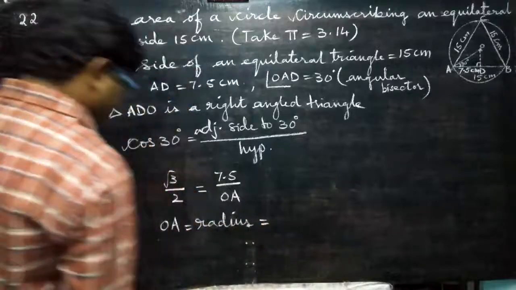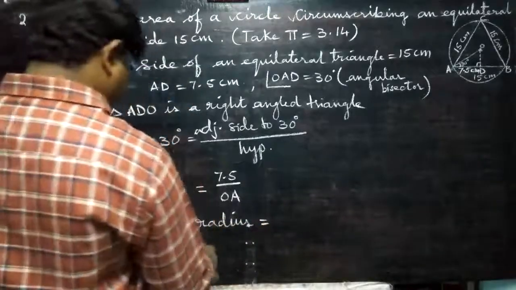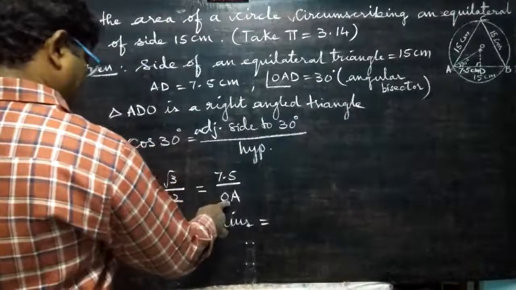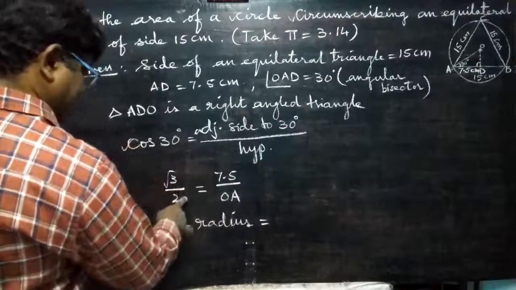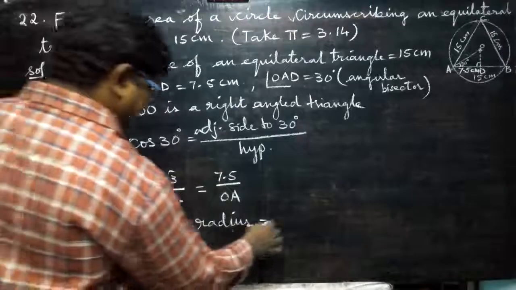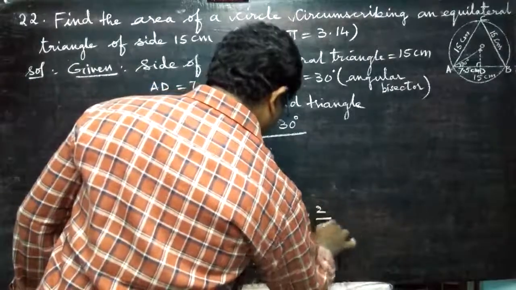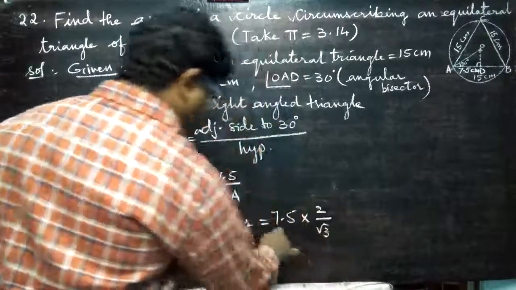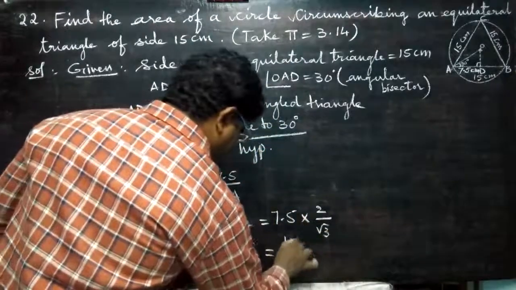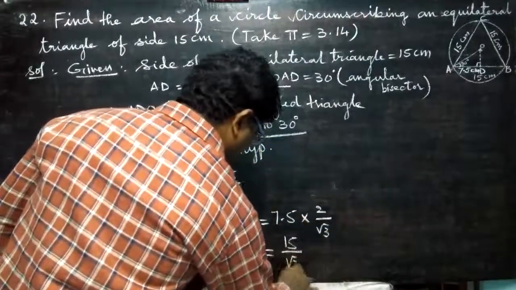OA is equal to the radius. That is equal to, now you bring this one, the fraction going from left to right, 7.5 into 2 by root 3. Multiply, 15 by root 3. Now rationalize.